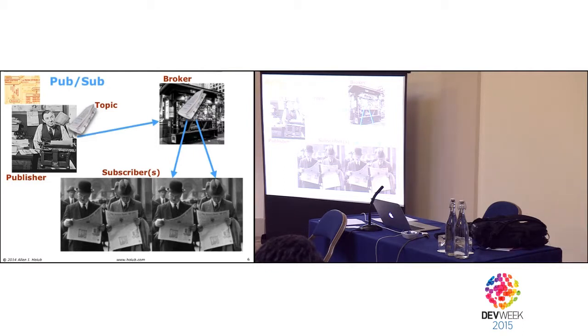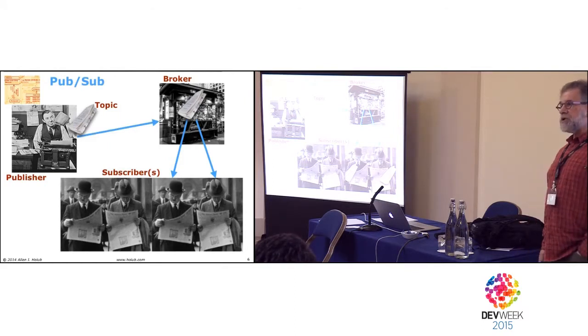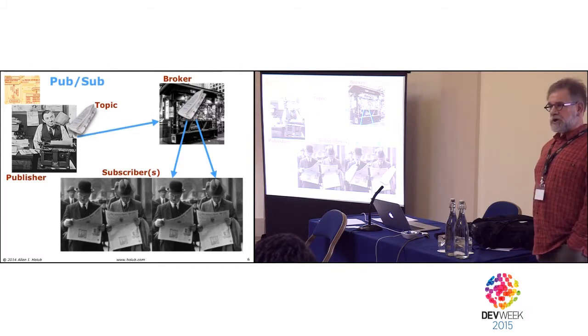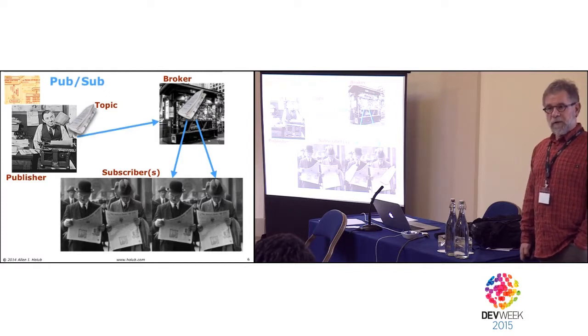And when the publisher publishes that thing on the topic, the publisher talks to the broker, but nobody else. The broker talks to the subscribers. But notice that only two of those guys got a newspaper down there. In other words, if you don't subscribe to the topic, you don't get the message. So the basic idea of publish-subscribe is that only people interested in certain topics get messages. And it's up to the subscriber to express its interest in the topic in order to be informed when something is published to that topic.